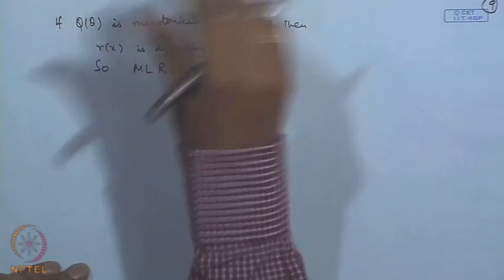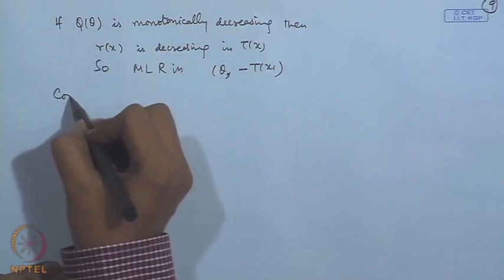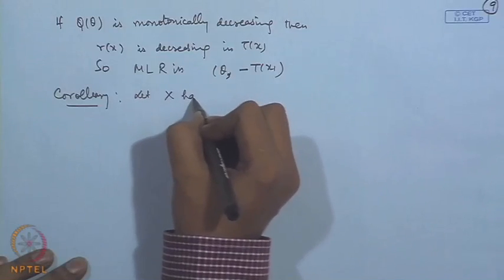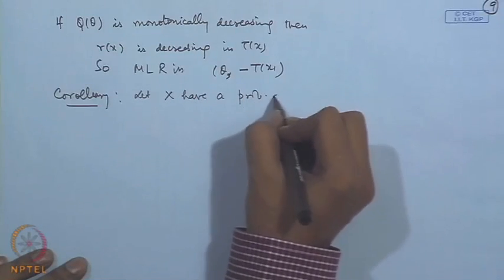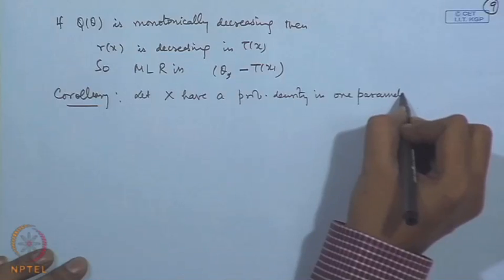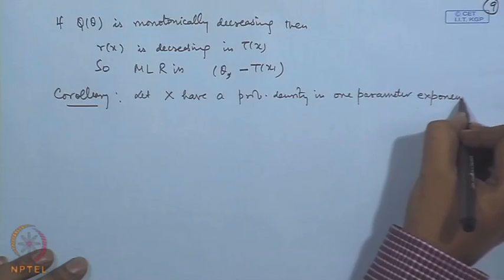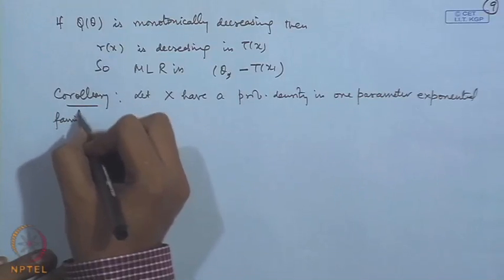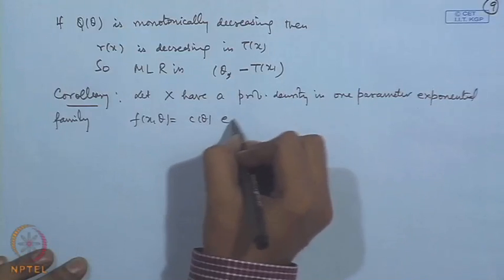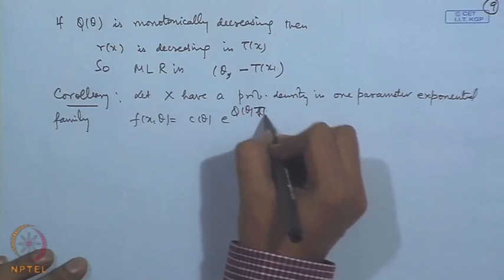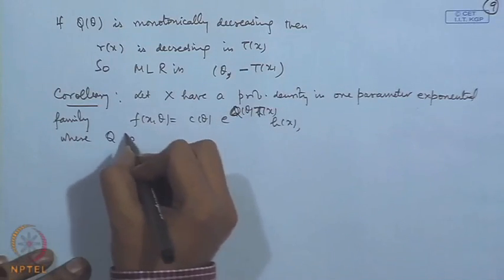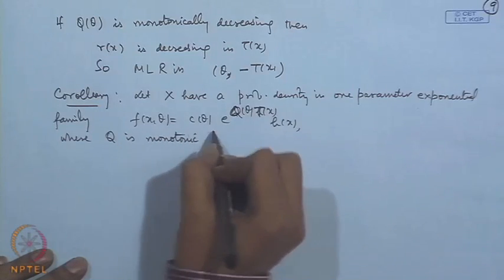So, as a corollary of the previous theorem, we can write then: let x have a probability density in a one parameter exponential family, that is, f x theta is equal to c theta e to the power q theta T x into h x, where q is a monotonic function.